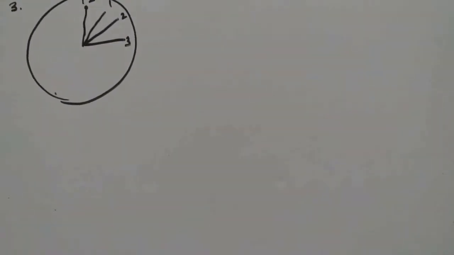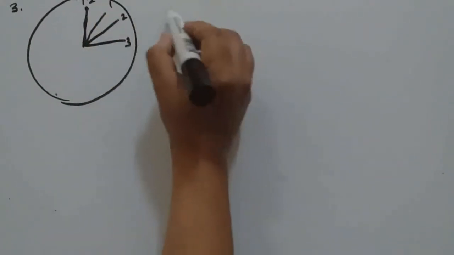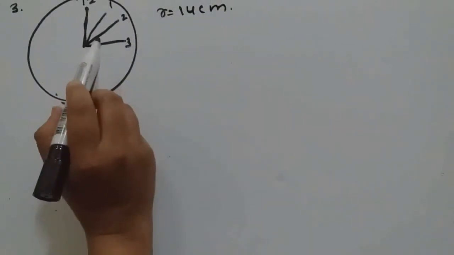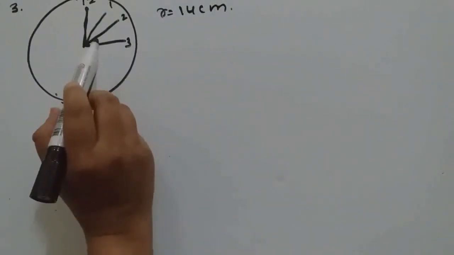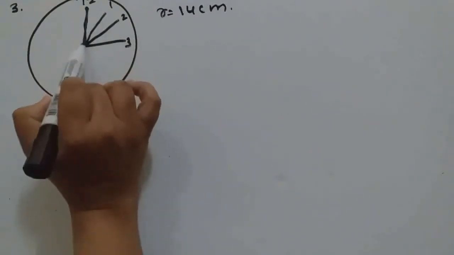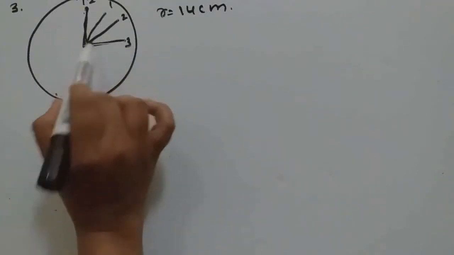Question number 3. Length of the minute hand of a clock is 14 centimeter. So this radius we can consider 14 centimeter. Now find the area swept by the minute hand in 5 minutes. So we should remember, if it is at 12 and 3, it will make 90 degree.